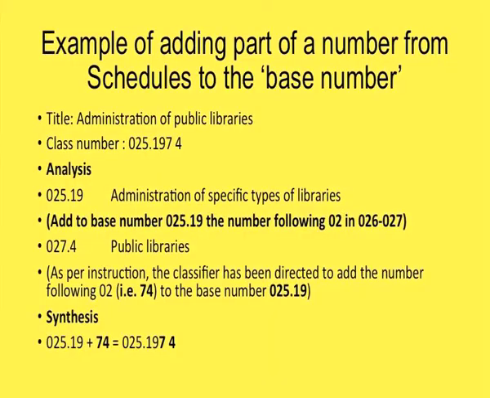So, for example, there is a title of a book, Administration of Public Libraries. Its class number has been assigned 025.1974. How? Now, we will try to understand this. First of all, we find out the basic subject number, we call it the base number.